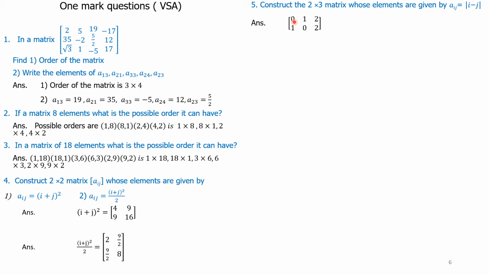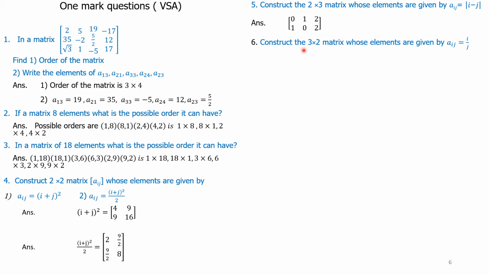First row, second column, 1 minus 2 is minus 1, mod of minus 1 is 1. First row, third column, 1 minus 3 is minus 2, mod of minus 2 is 2. Similarly, you can write for the second row: 1, 0, 1.